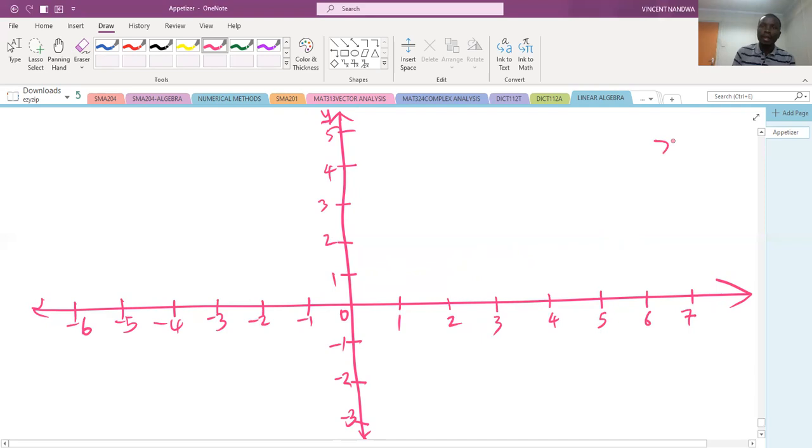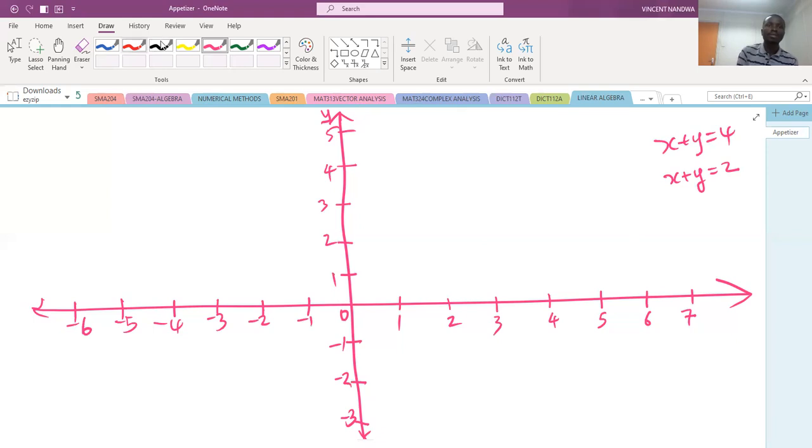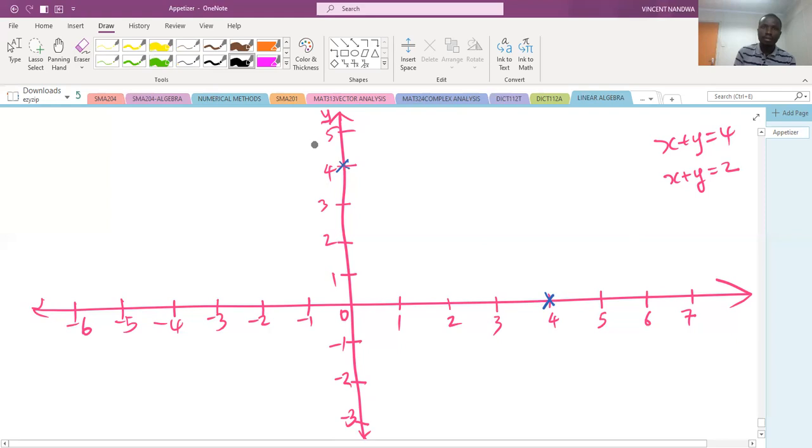So the equations are x plus y equals 4 and x plus y equals 2. Even from the word go, this was an absurdity because there's no way x plus y can have different numbers, 4 and 2. The x-intercept for the first one will be 4, and the y-intercept is still 4. So if we draw the graph, we'll have this.